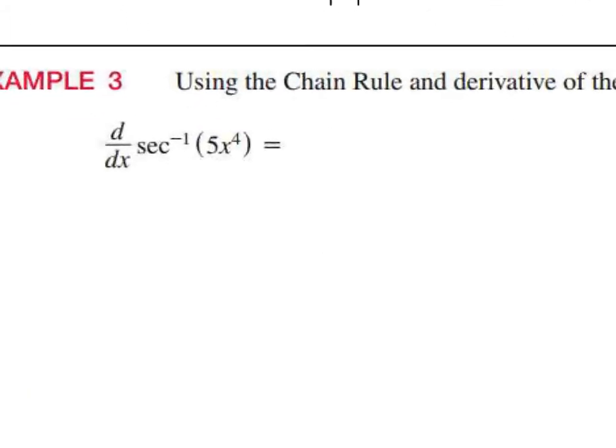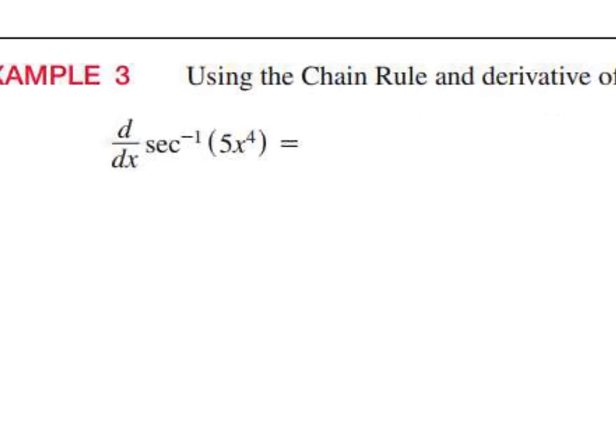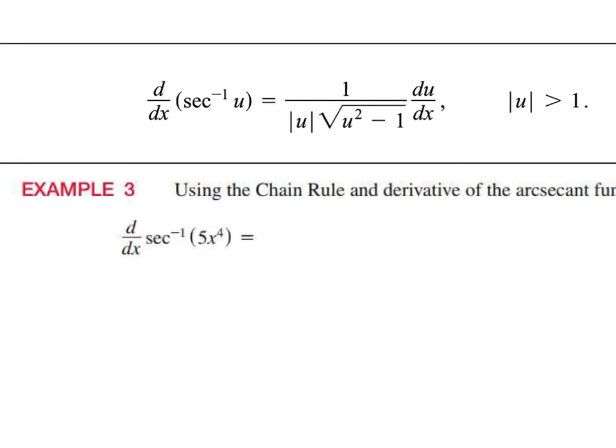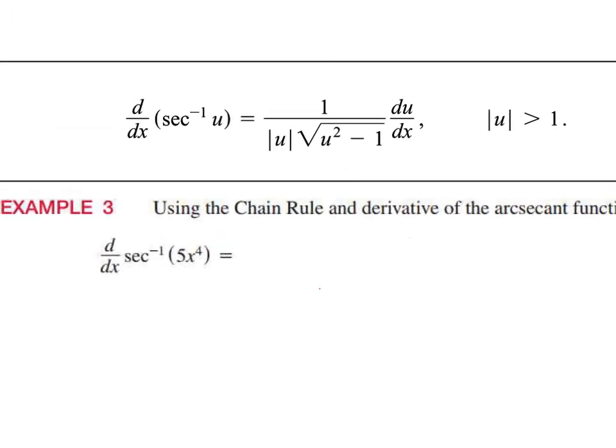Okay, harder one. Ooh, secant. We haven't even looked at arcsecant. This should be fun. Now, he gives you the answer in the chart. You can memorize that. It's sort of confusing, to be honest with you. All you have to worry about is you have to identify what u is.